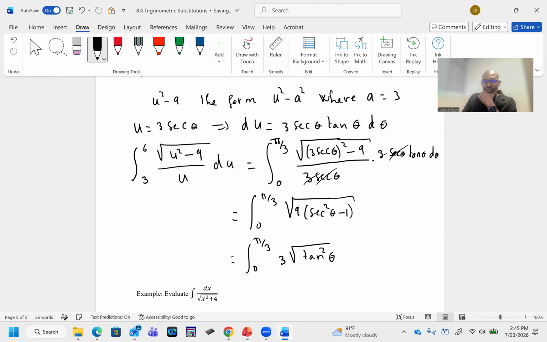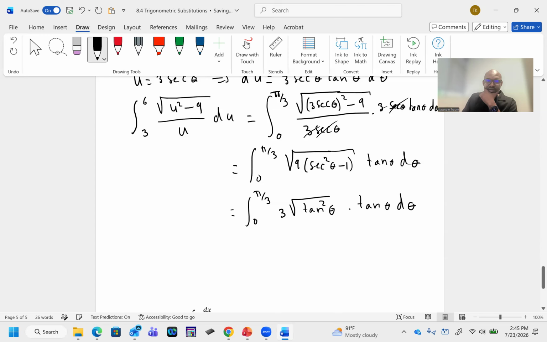Of course, let's not forget this one, times tangent theta d theta. Then square and square root will cancel out.